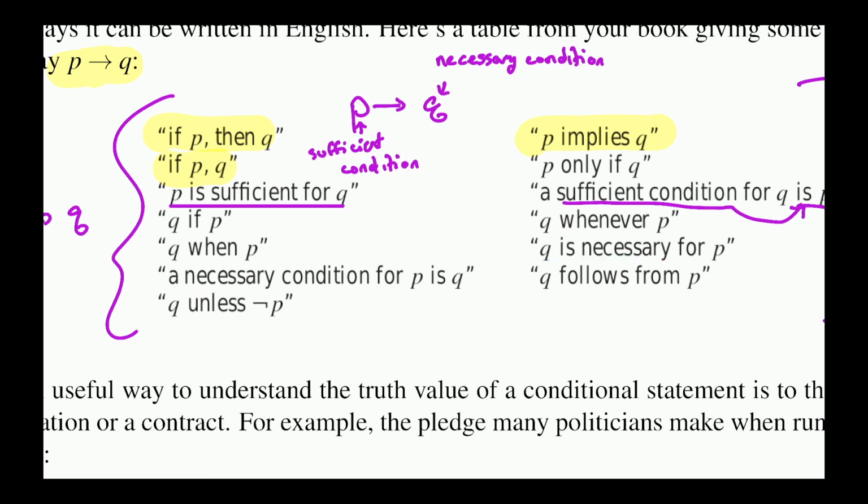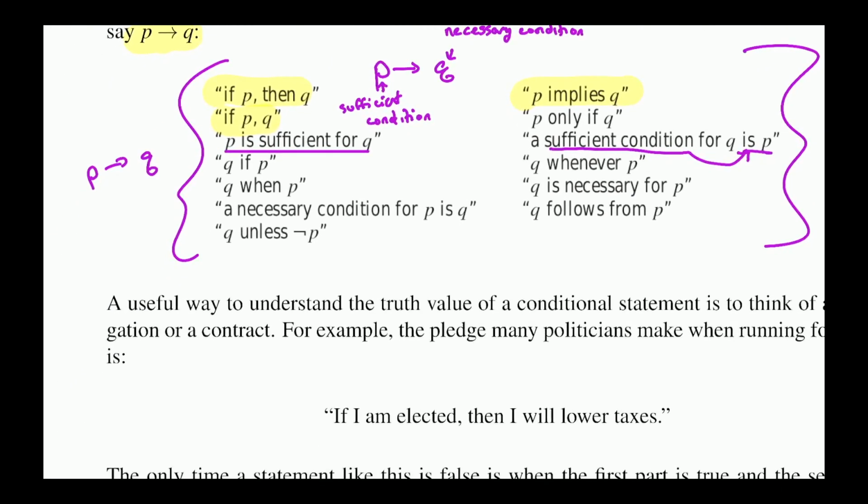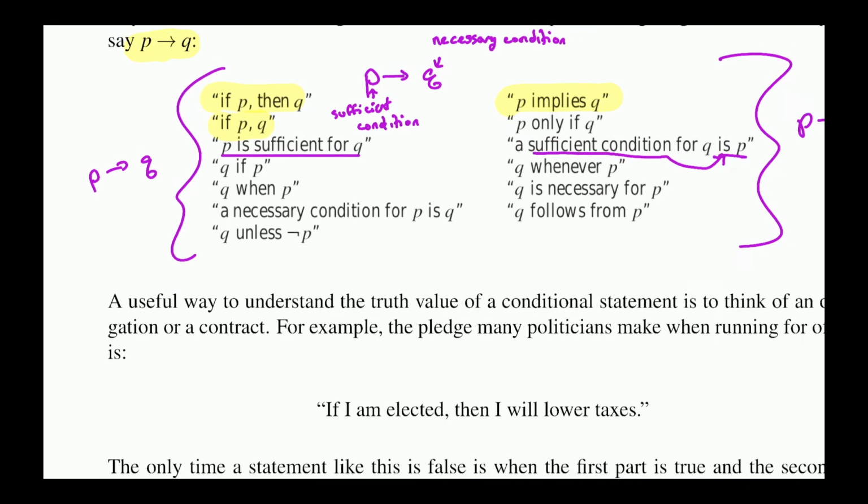So if they say sufficient or they say necessary, what's that mean for P and Q? Okay, and so there's just so many different ways to write these that they're hard to translate, but that's why we're printing them all here.